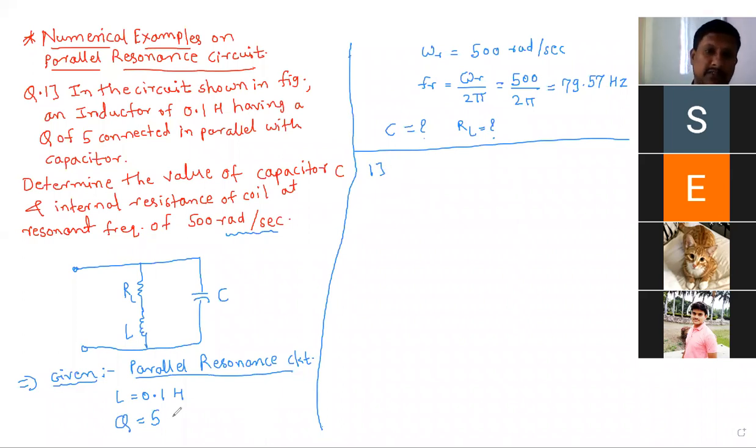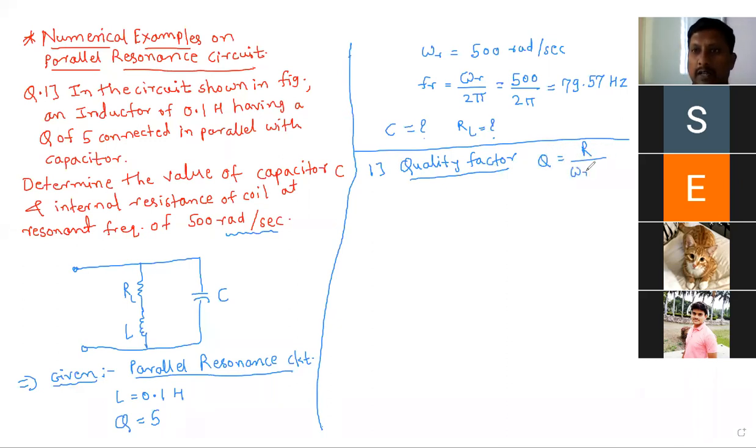Quality factor 5 is given. Inductor L is given. FR is given. So based on that, can we calculate anything here? What is the quality factor formula in case of a parallel resonance circuit in terms of inductance? Q is equal to R upon omega R L. Yes, very good.